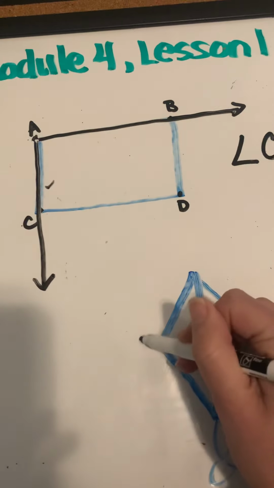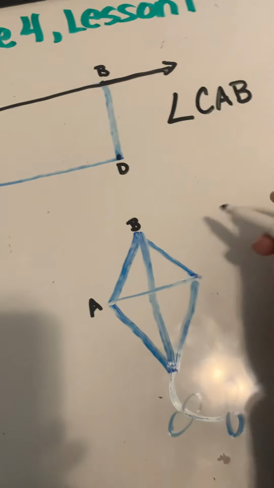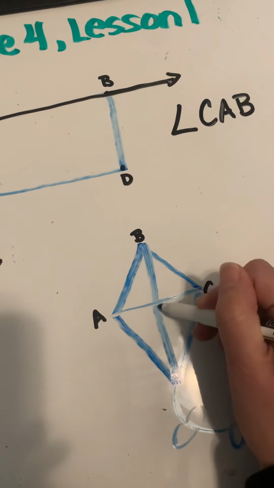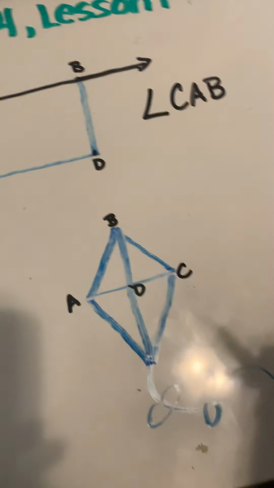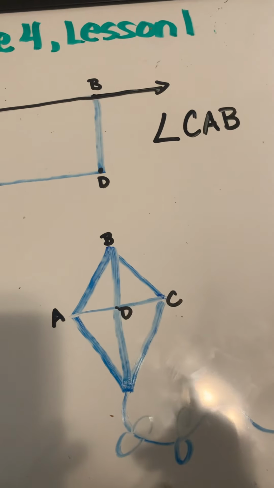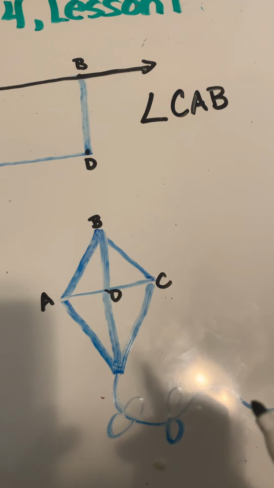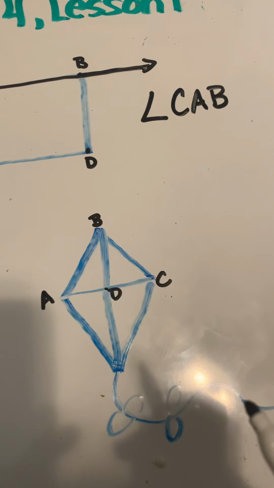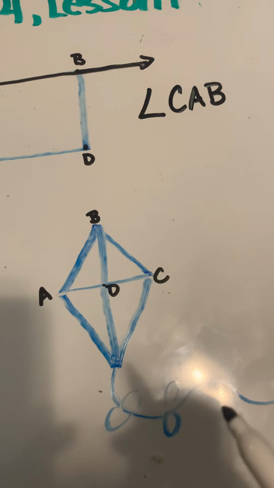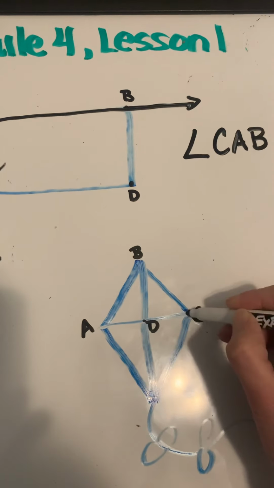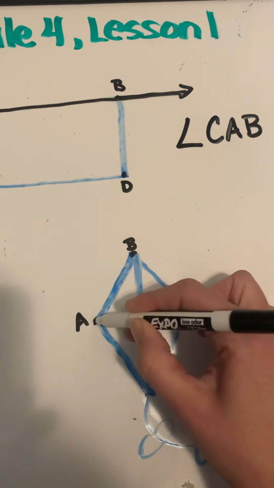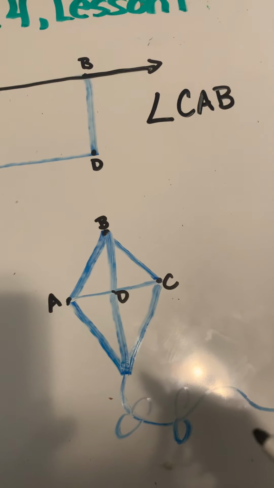So I'm going to label this one A, and this one B, and this one C, and this one D. Right now, there are so many points, it's going to be hard to count. So let's label these. These are all going to be our points that we're going to work with right now.